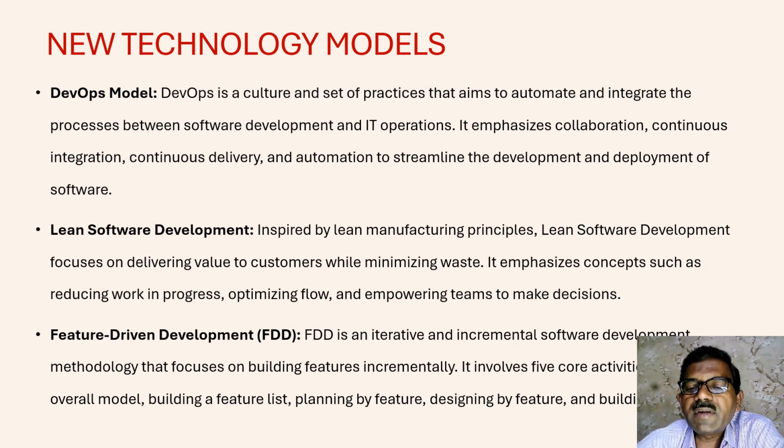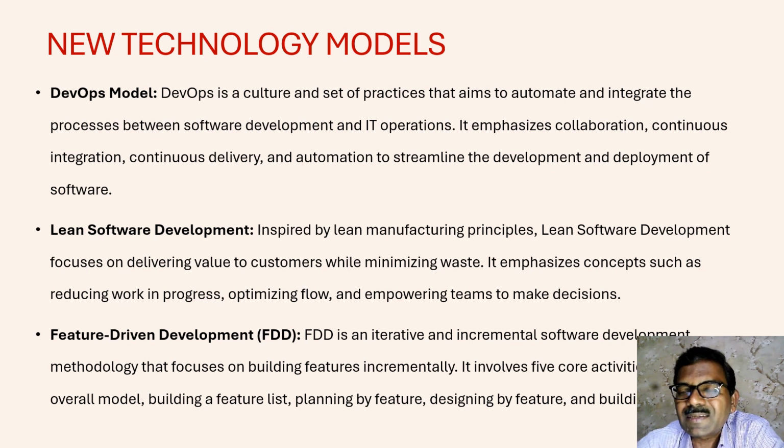Next is feature driven development. Here again it is an iterative, incremental type of development, which we already discussed in the previous models. One of the models was incremental and iterative. The only thing is, it is more feature based. So we keep adding features. Overall models are built upon the features.